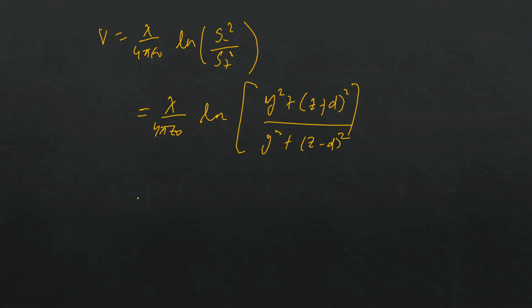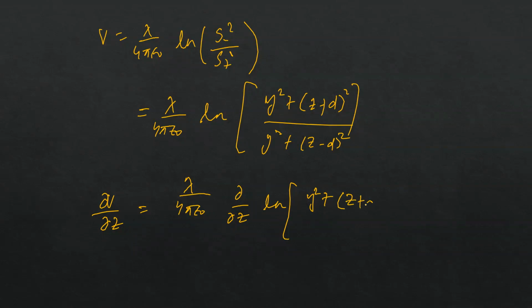So sigma, del v by del z, because we need it in sigma, will be minus epsilon naught lambda by 4 pi epsilon naught del by del z of ln of y square plus z minus d whole square divided by y square plus z plus d whole square.